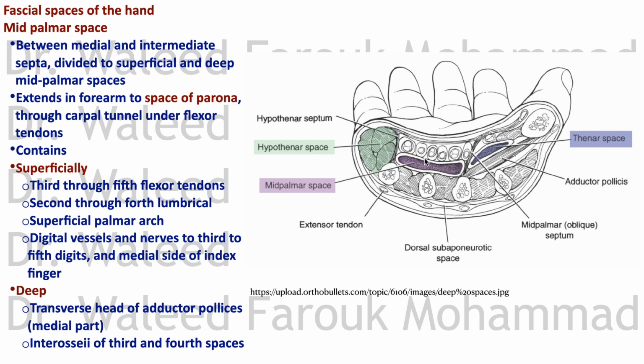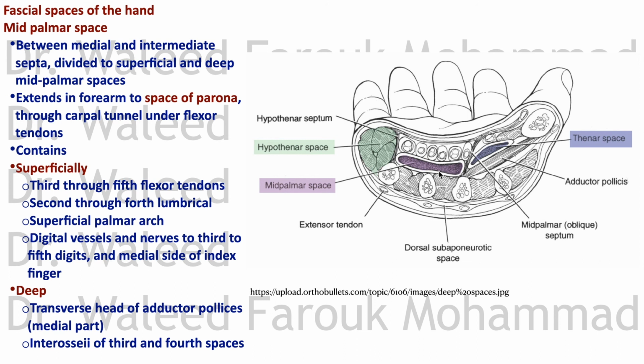The superficial mid-palmar space contains the third through the fifth flexor tendons, and the second through fourth lumbricals, the superficial palmar arch, and the digital vessels and nerves to the third to fifth digits. The deep mid-palmar space contains the transverse head of adductor pollicis and interossei of the third and fourth spaces.